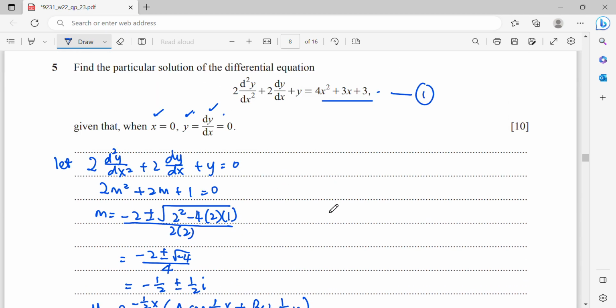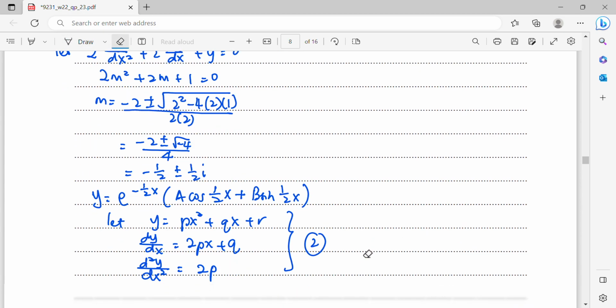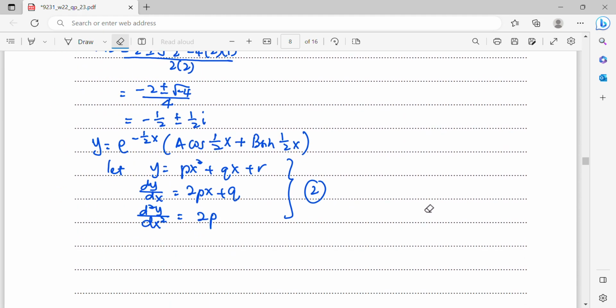So now you substitute, or probably I will copy the equation. Let this be the first equation. Then I will substitute the second equation into the first equation.